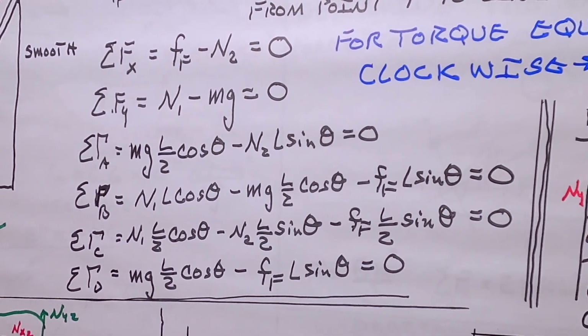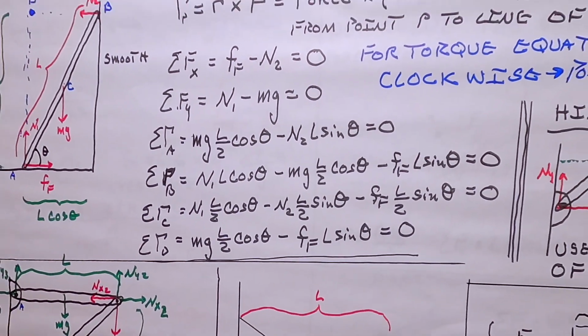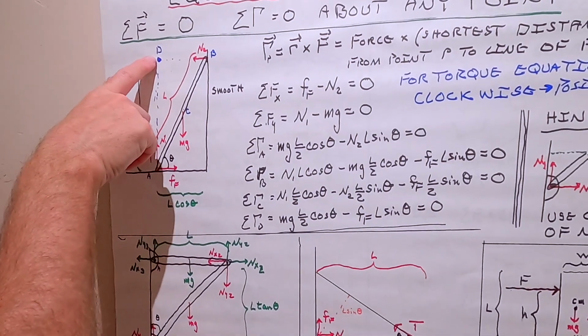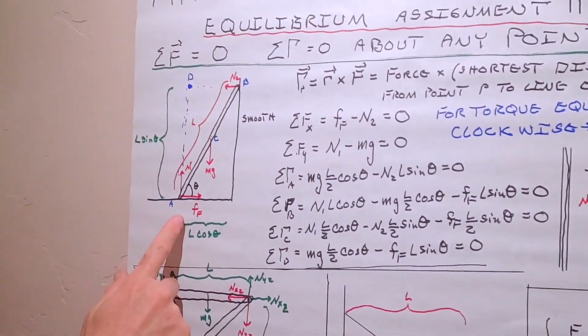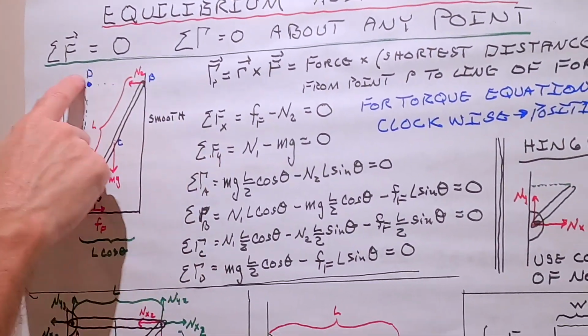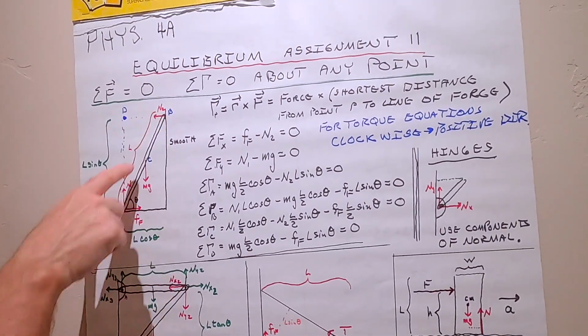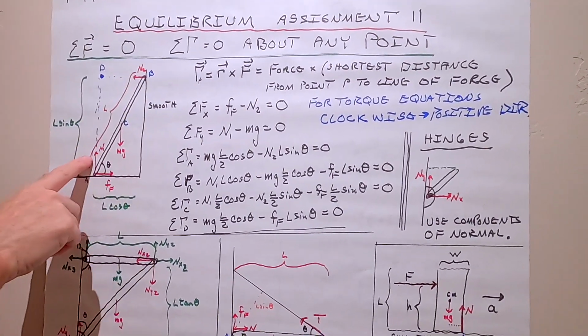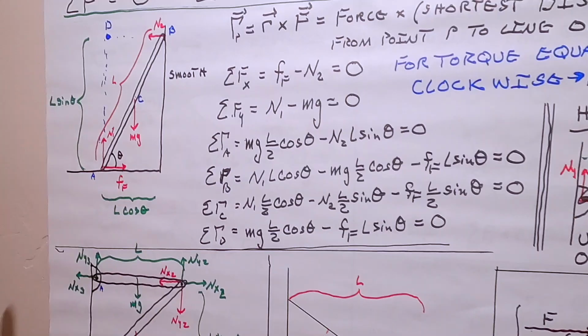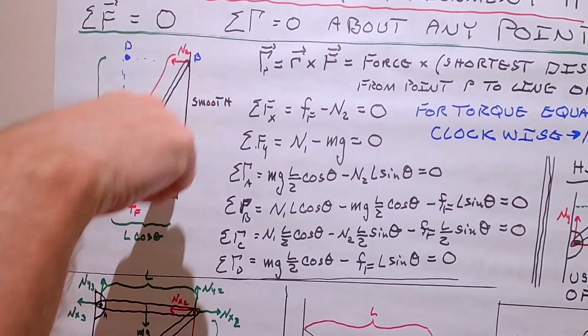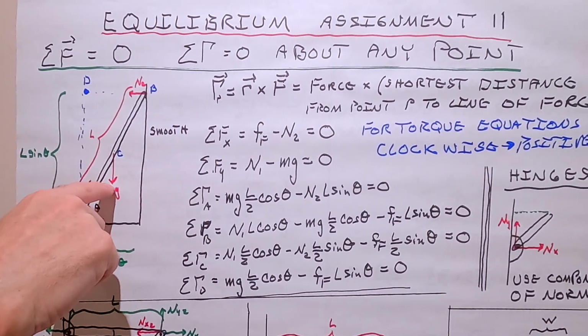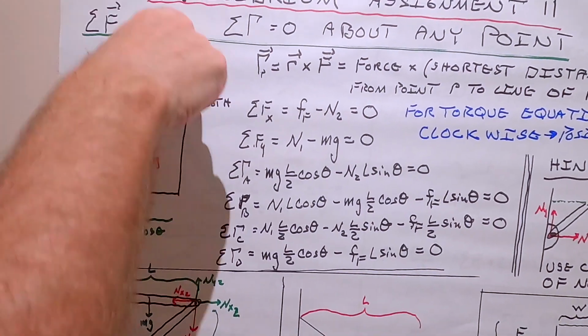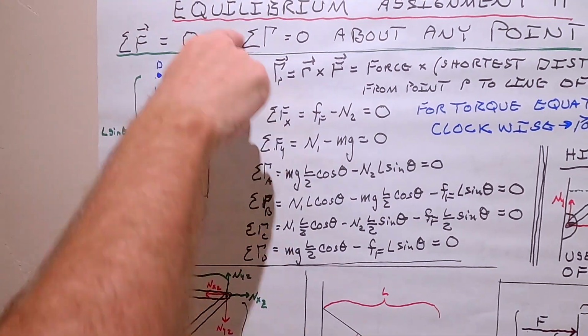Now we can take it about other points. It didn't even have to be on the object. I picked D right there. D is right where these two forces intersect, and so I can ignore these two vectors right here. The only ones I have are friction and mg. We can see mg is going around this way around that point D. Friction is going this way.